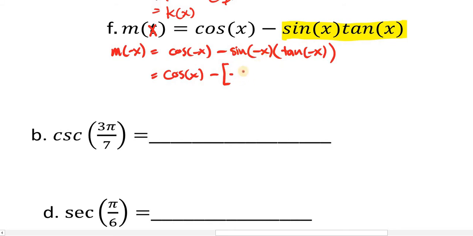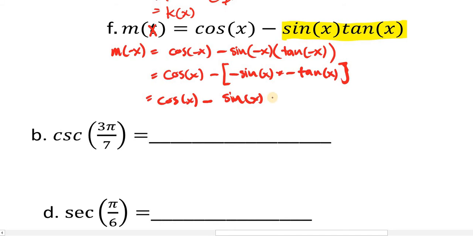Sine negative x is negative sine x times tangent negative x is negative tangent x. So this is cosine x minus negative times negative is positive, so that is sine x tangent x, which is the original function m of x. And this means m of x is even.